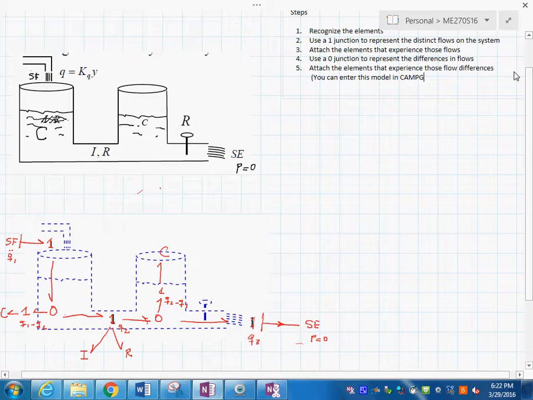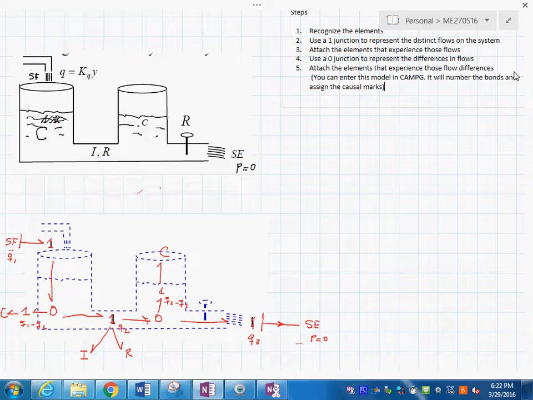However, you could do several things in here that are other steps that I don't believe are totally necessary, but if you want to, you could simplify the bond graph model a little bit, or you could number them specifically if you want to have specific bond numbers and enter it into CAMG that way.